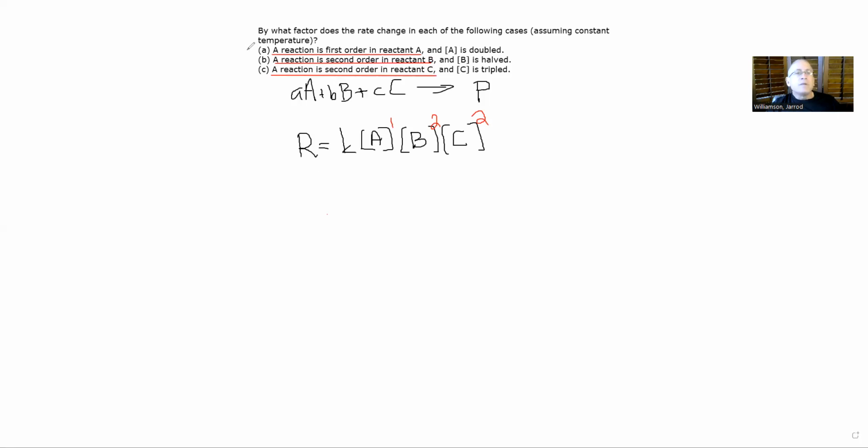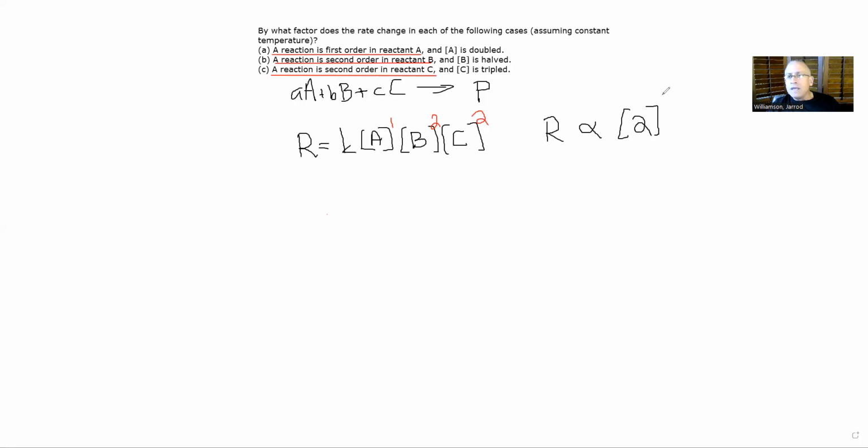And then let's take a look at A. The reaction is first order in A, and the concentration of A is doubled. That implies we're keeping everything else constant. So R will be proportional to the concentration of A, and we doubled its concentration.